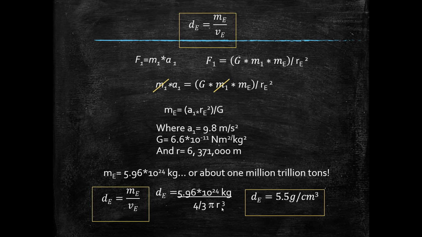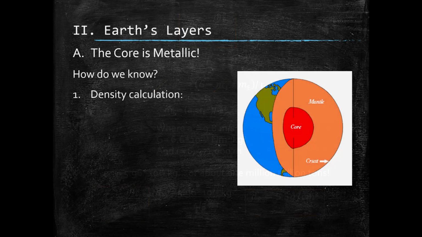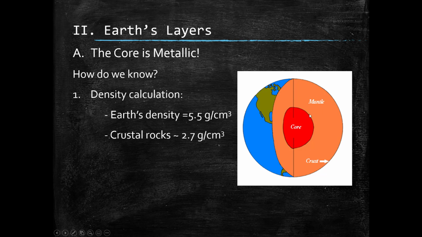Okay, so how do we use that? How is that useful to us to determine that the core of the Earth is metal? So, going back to our density calculation, if the Earth on average has a density of 5.5 grams per cubic centimeter, and we know that the Earth is made up of the crust, mostly the mantle, and then the core, and we know what the thicknesses of each of those layers are because we know that the base of the crust is the Moho and the base of the mantle is the Gutenberg discontinuity.